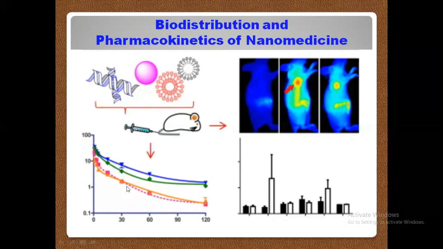And you see that kinetic study, the pharmacokinetic study of the drug action. That is given in this graph. You see the kinetic activity of this drug inside the mice, and the efficacy of the drug in different groups of mice. This is group 1 standard, group 2, group 3, like that.